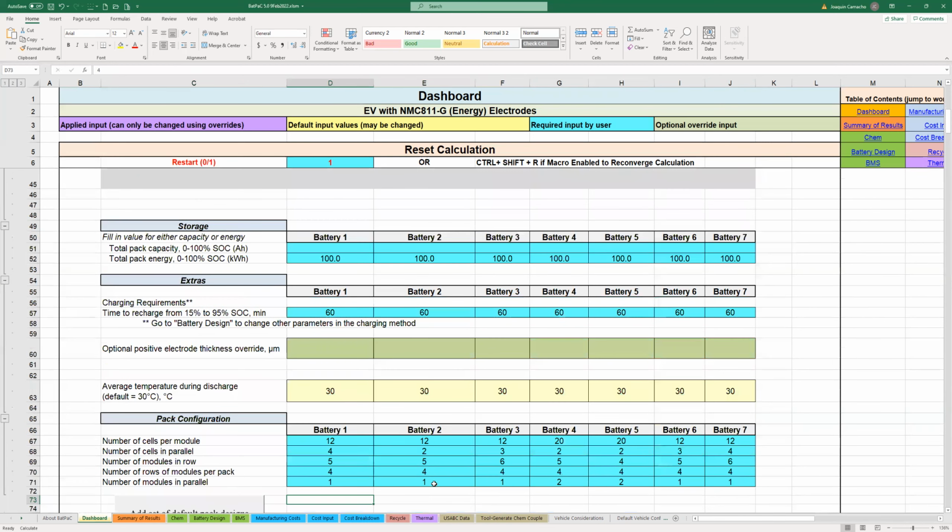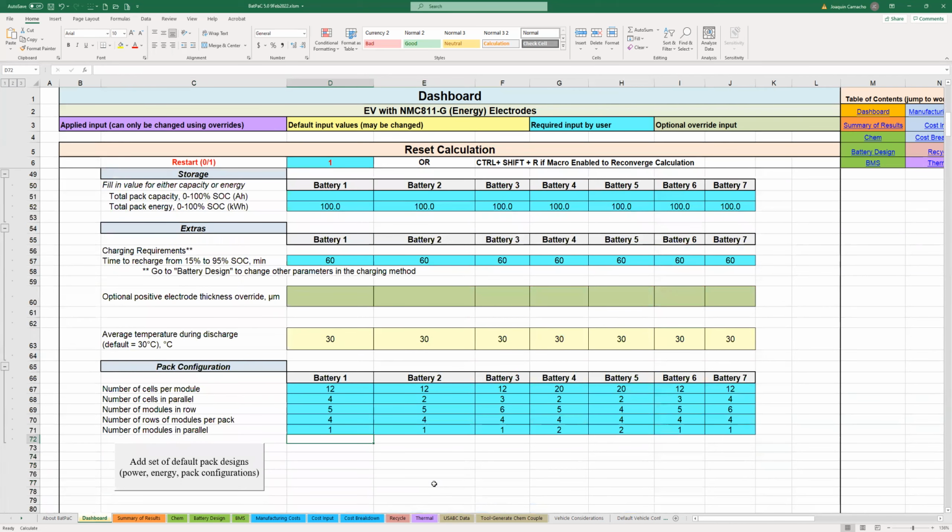Then what they have done for this array was to pick 7 variations of module sizes, basically. I mean, the battery size itself. So it says they're all going to be either 12 cells per module or 20 cells per module. Then this number of cells, number of modules, number of rows, this basically controls the size and footprint of the battery.